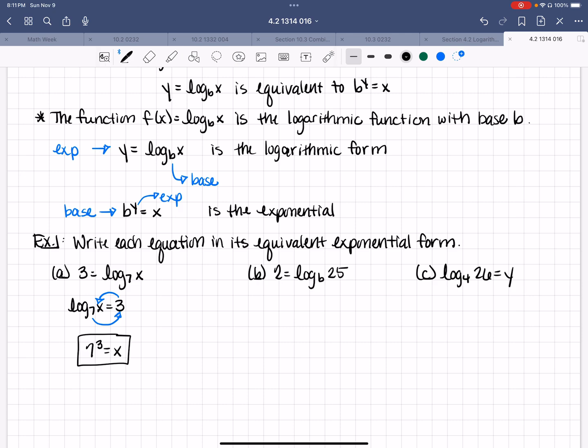Rewrite B: this is really log base b of 25 equals 2. So that's b to the second power equals 25.